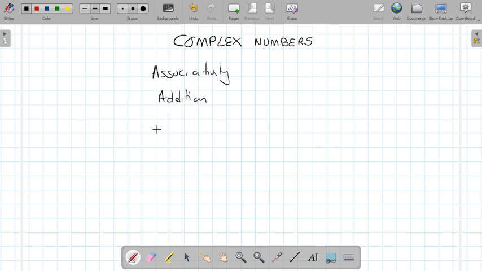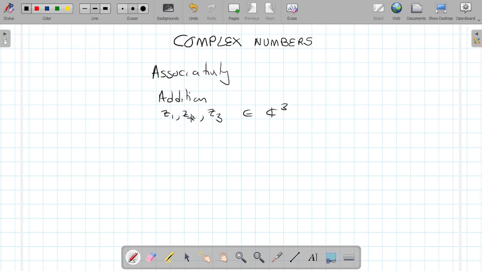So let's say you have three complex numbers, z1, z2, and z3.